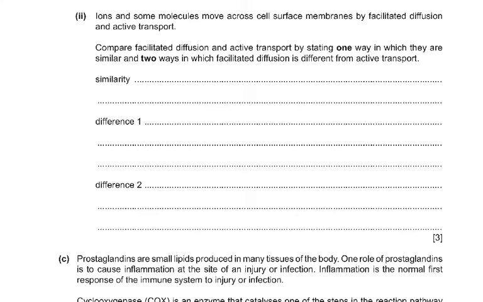So number one, both occur through a membrane, a transport protein. Number two, both are specific. If I say sodium ions for facilitated diffusion, then that will only transport sodium ions from a higher concentration to a lower concentration. And then both involve a conformational change. That means there's a change in the shape.